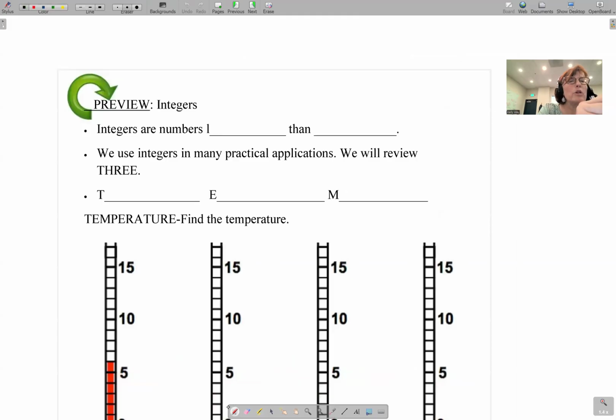So we learned, just to be clear, that when we count 1, 2, 3, 4, those are called counting numbers. And then when we include 0, those are called whole numbers.